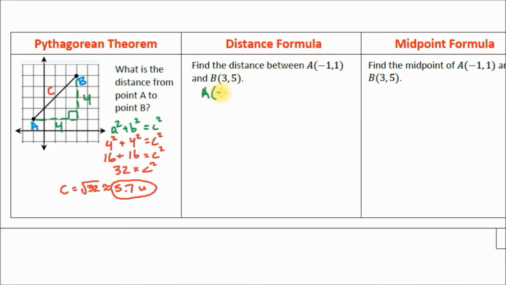Here's A, -1, 1. We've got B, which is 3, 5. And if you recall, we would label them x sub 1, y sub 1, and x sub 2, y sub 2.